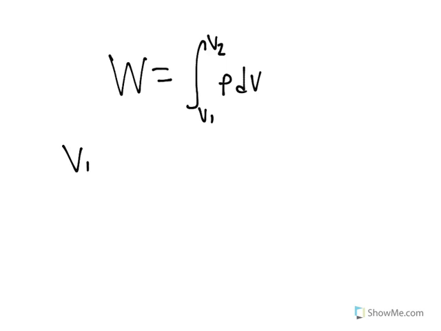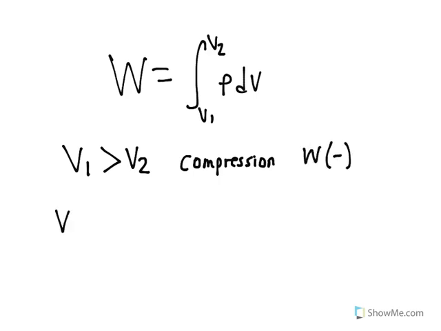If volume 1 is larger than volume 2, then a compression has occurred, and the work is going to be negative. But if volume 1 is less than volume 2, it means that an expansion has happened.